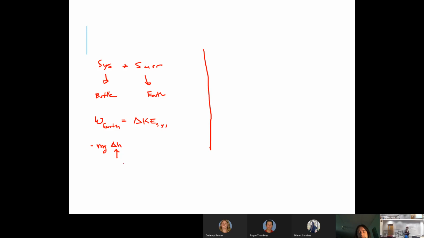This delta h will be less than 0, because I start out at some initial height and I end up at some final height that's closer to the ground. Right? So then the work ends up being positive and the kinetic energy of the bottle increases.